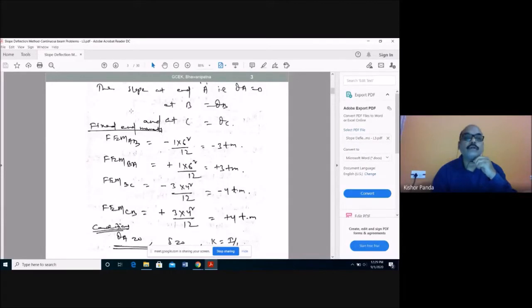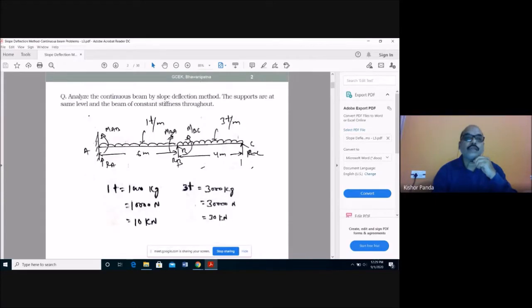First, the slope at A is 0. Due to the fixed end, what is the slope here? The slope is 0. The slope at B is theta B, and at C is theta C. Here there are 2 unknowns, one at B and another at C: theta B and theta C. These two you have to find out.